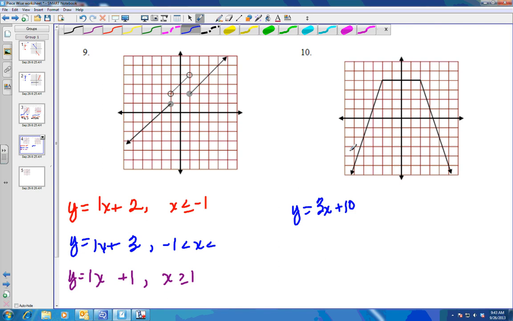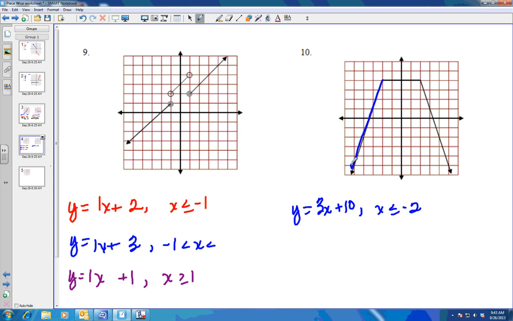We start at the x value when x is less than or equal to negative 2. This point right here, there's my blue line, starts when x is negative 2. So now let's do our red line. Our red line starts from here to here.